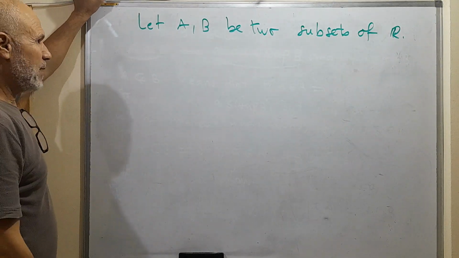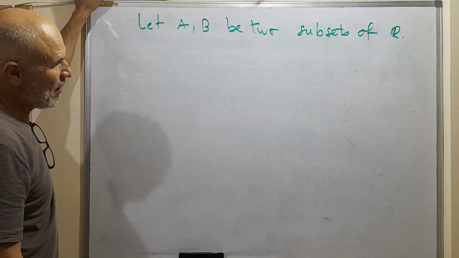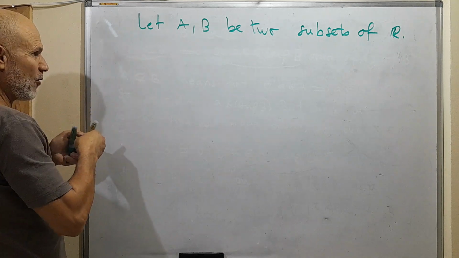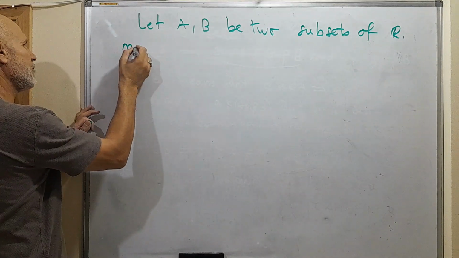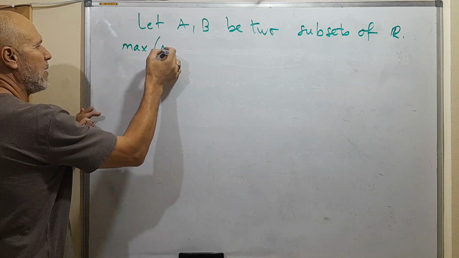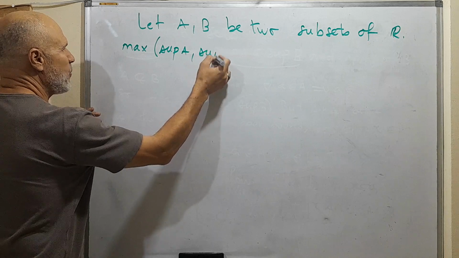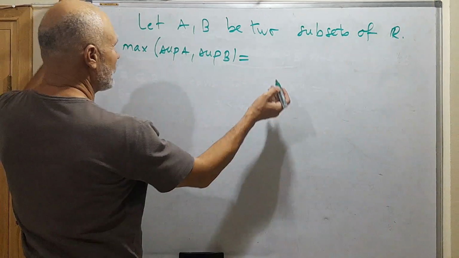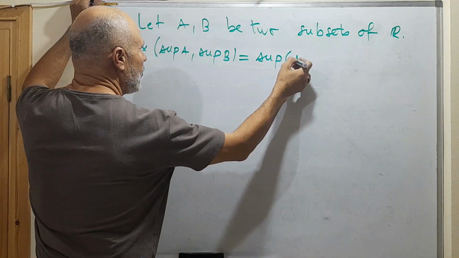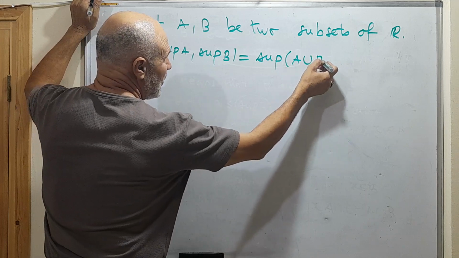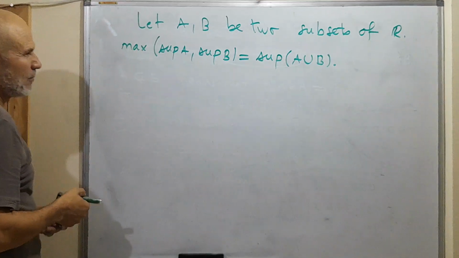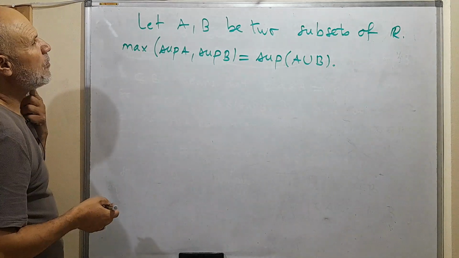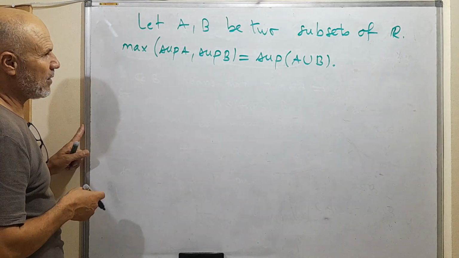Let us suppose that A and B are two bounded subsets from R. We can prove that the maximum between the supremum of A and the supremum of B is equal to the supremum of A union B. So we will use the previous result.